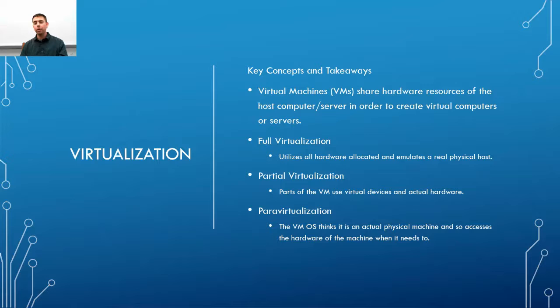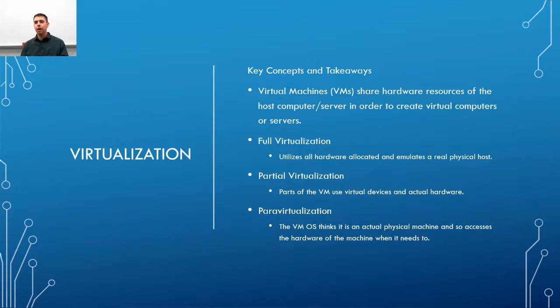Then you have paravirtualization, whereas the VM's operating system thinks it's the actual operating system on that device, and so accesses the hardware of the machine when it needs to, just like Windows does. There's nothing allocated to it.